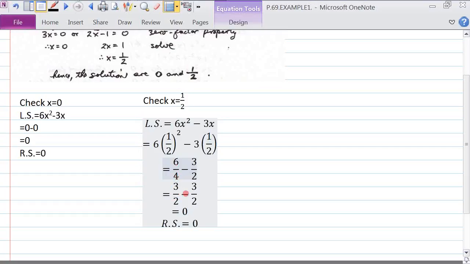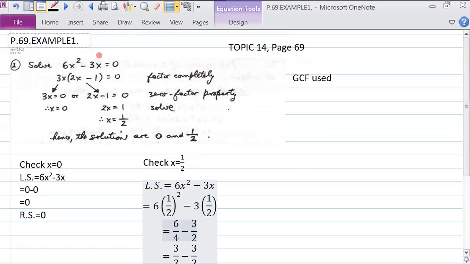So I have 3/2 minus 3/2, which equals 0, and so the left side equals the right side because the right side is also 0.